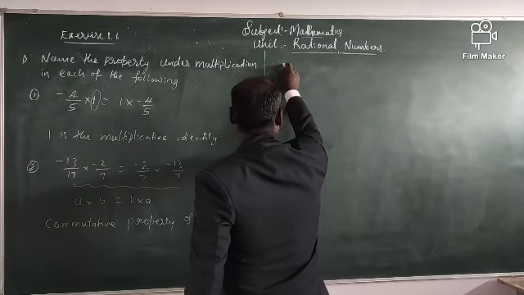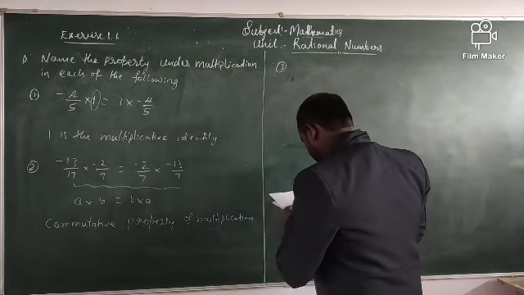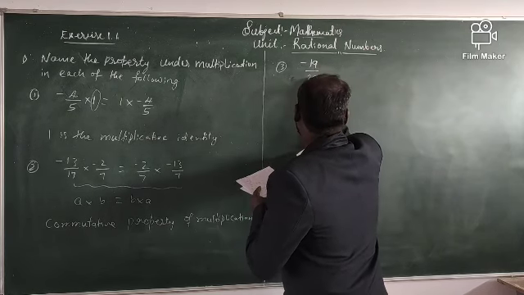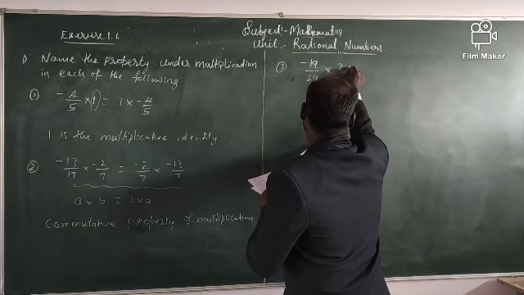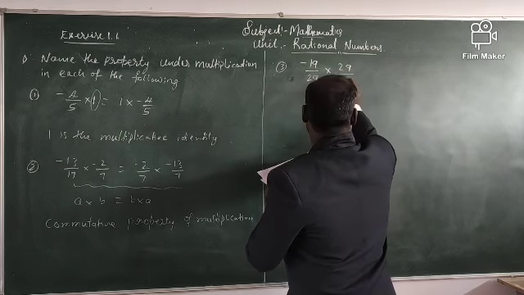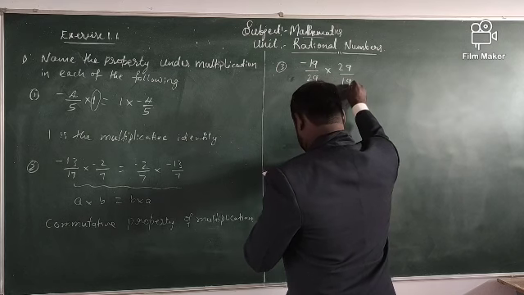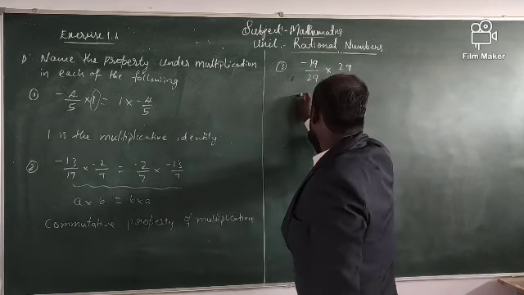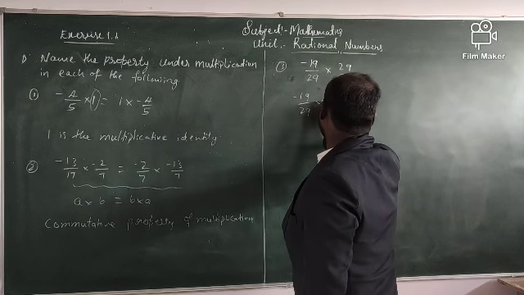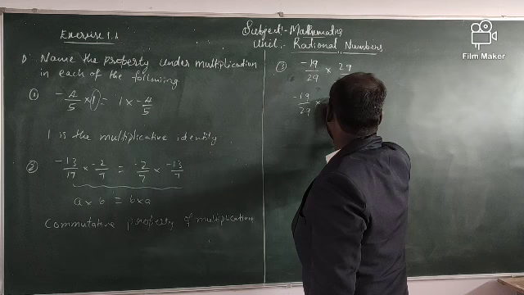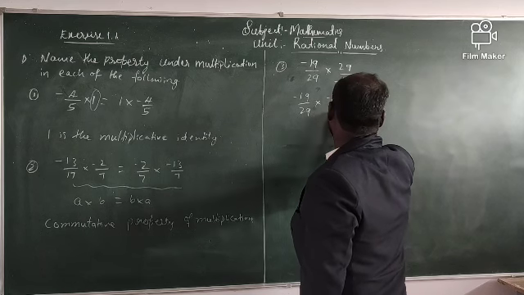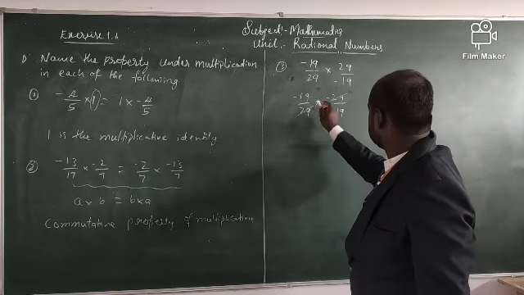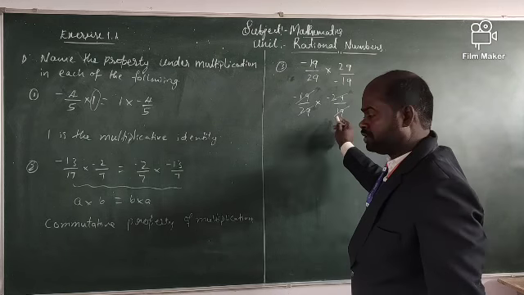Next, let us go for the third example, that is minus 19 by 29 into 29 by 19. Let us write the problem once again. Minus 19 by 29 into, in standard form, minus 29 by 19, which is equal to, 29 gets cancelled, 19 by 19 gets cancelled.